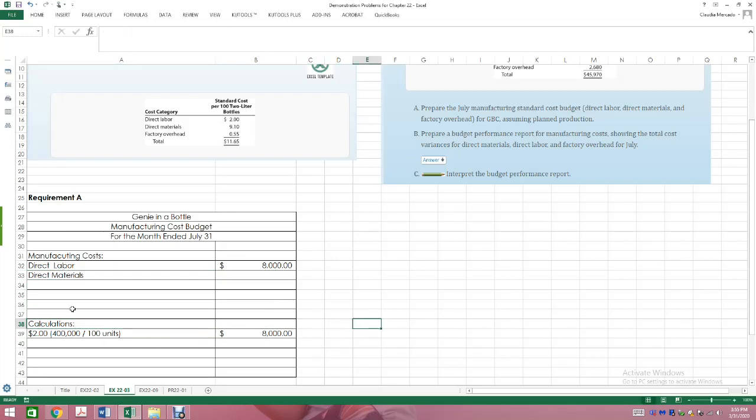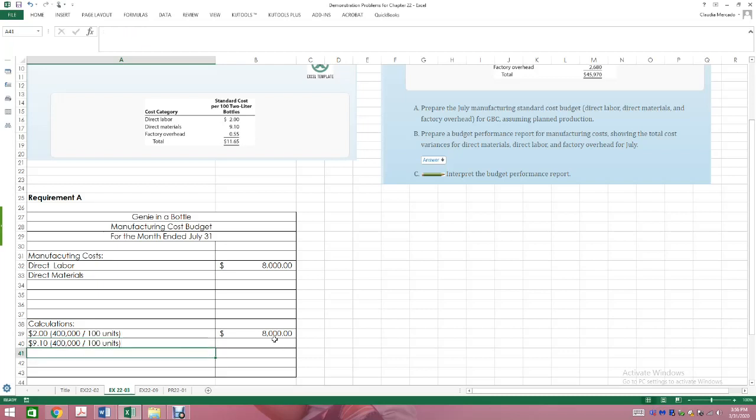Okay? So, for my direct materials, same calculation, but here we're spending $9.10 per every 100 2-liter bottles. So, $9.10. Our standard is 400,000 bottles, and I'm going to divide it by 100 because they're grouped into units of 100 bottles.